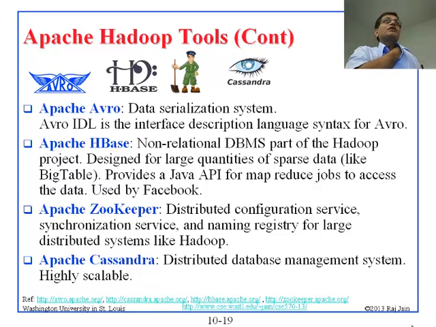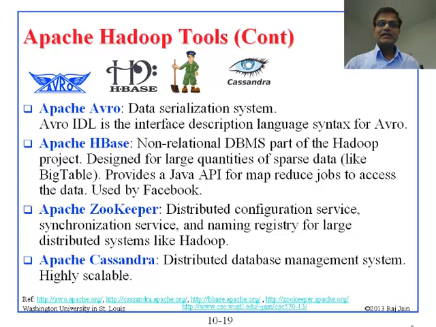And I have given 2 references. One is, if you go to the Apache website, they give you a little bit of documentation and download pointers. Or if you go to Wikipedia, they give you some description. But here we are just going to get by with one-liners each.